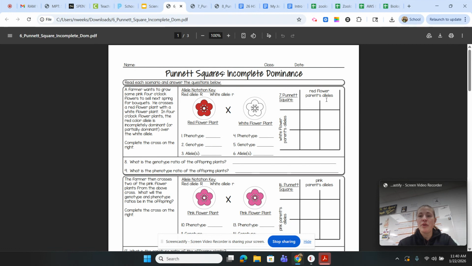And then when we put those into the Punnett square, our red flower would have capital R, our white flower would have lowercase r. All of the flower babies would be heterozygous, capital R, lowercase r, and they would all be pink. So they would all be that intermediate color.